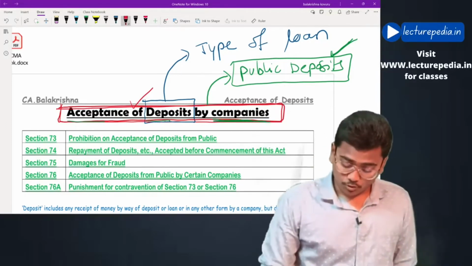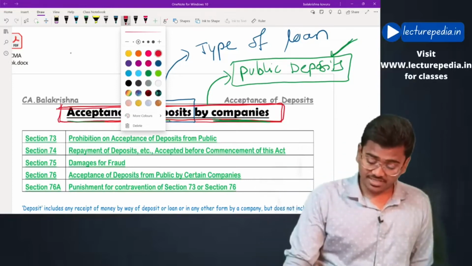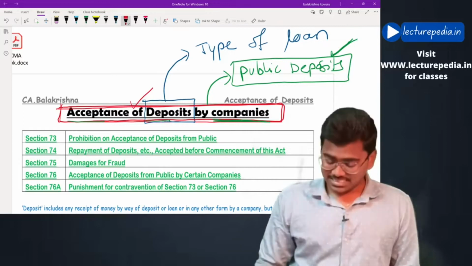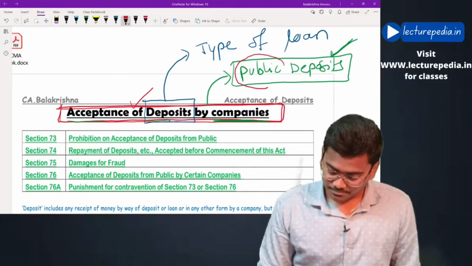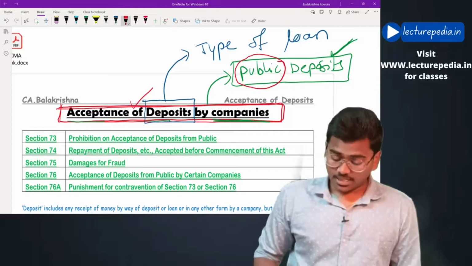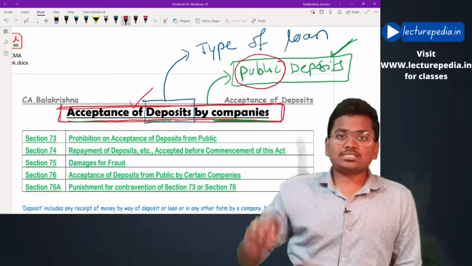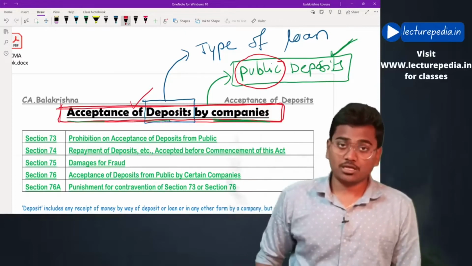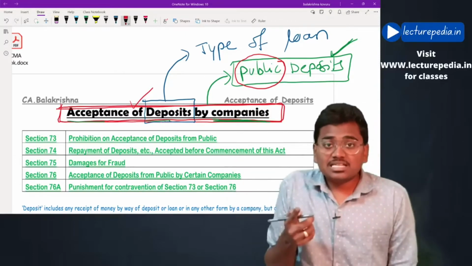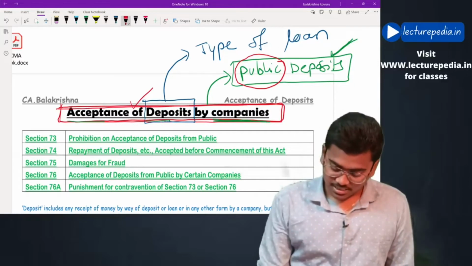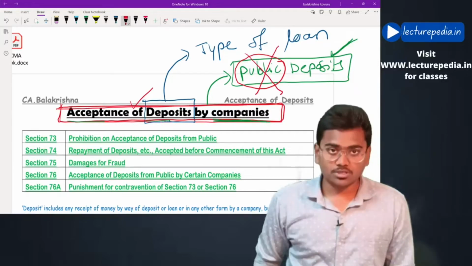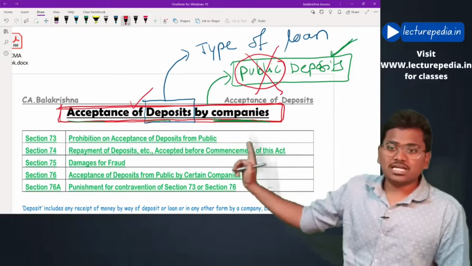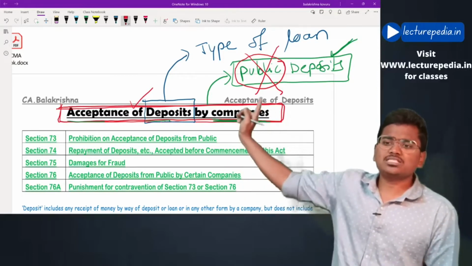That means what we can observe is that previously deposits could be raised only from the public, and only public companies could raise deposits under Companies Act 1956. But now under Companies Act 2013, the term public deposits has been removed. In the name of the chapter, you don't find the term public. It is just acceptance of deposits by companies.